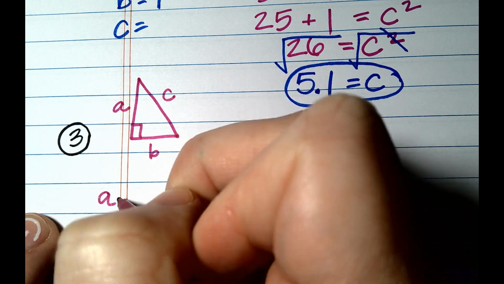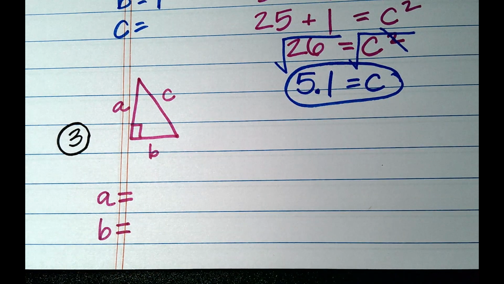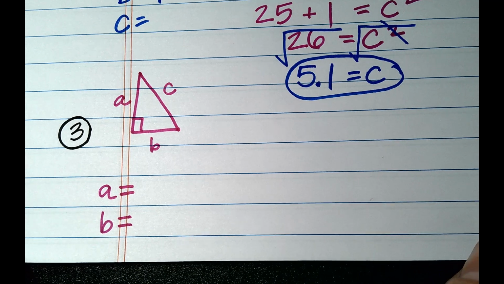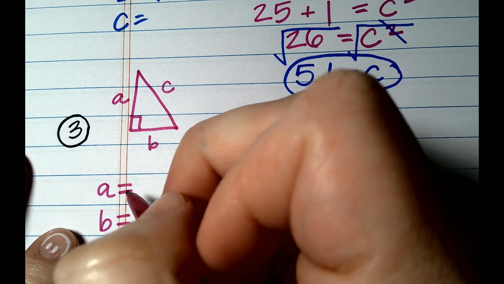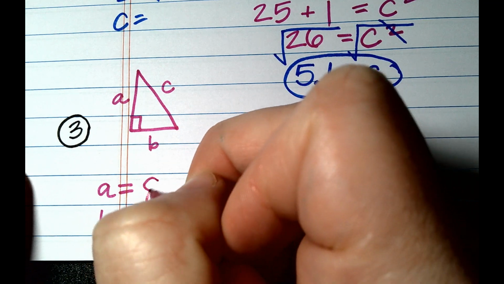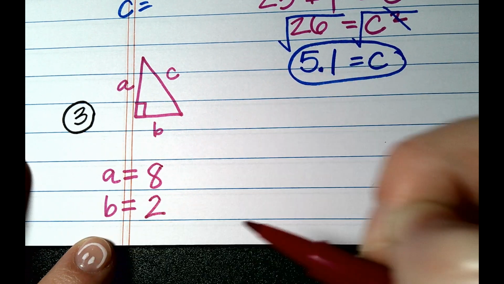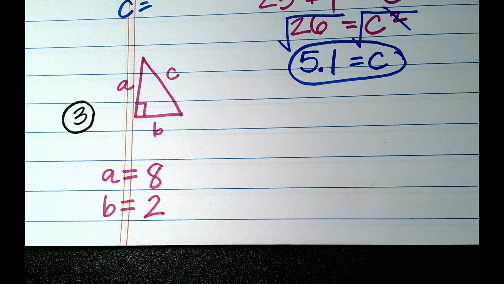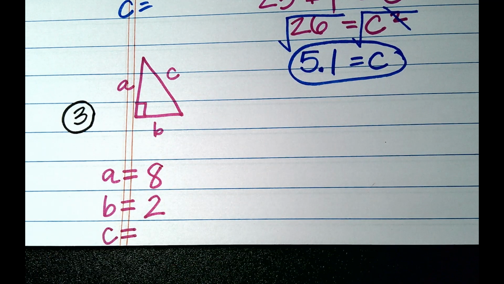So does it matter which one is A and which one's B though? It doesn't really matter as long as I don't make one of those C. So we're going to use 8 and 2, the lengths that we just measured. I'll use 8 for A, and I'll use 2 for B. And we need to solve for C.